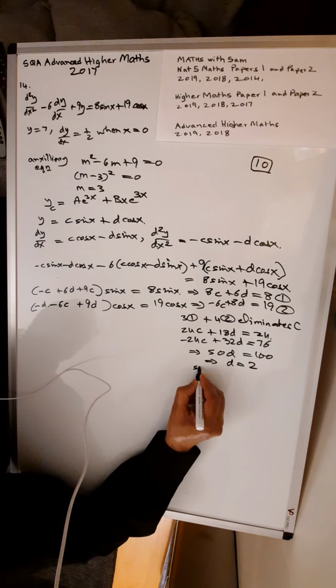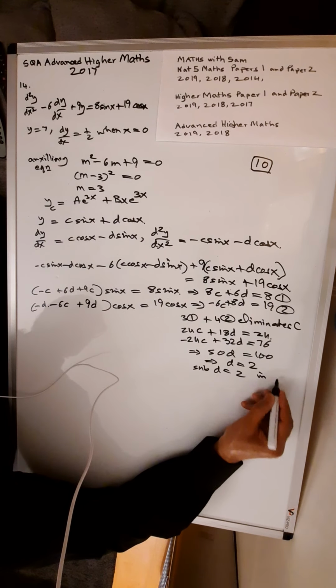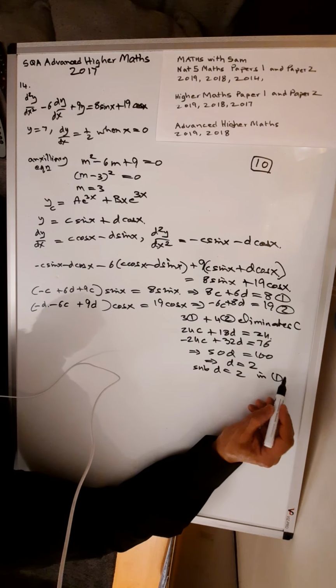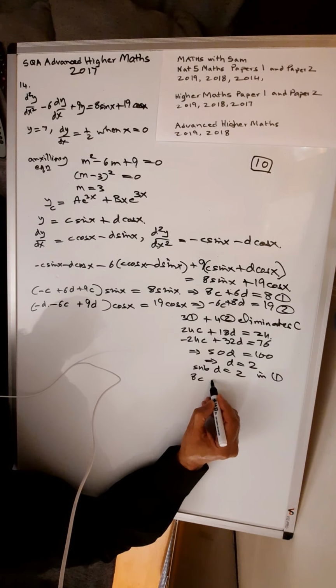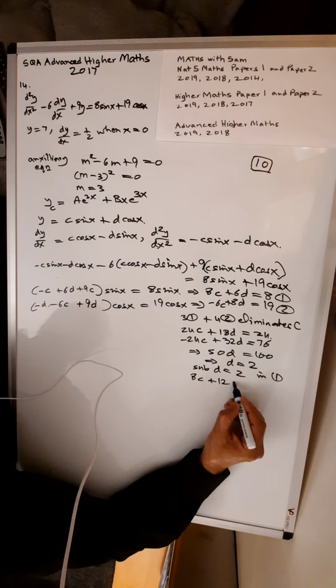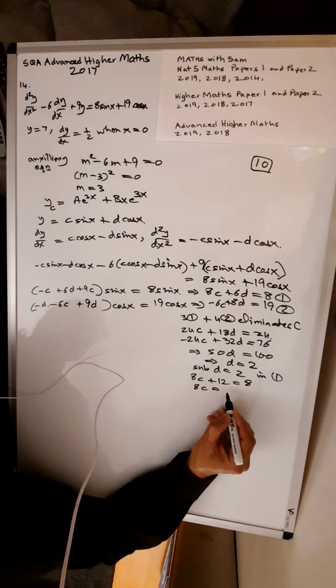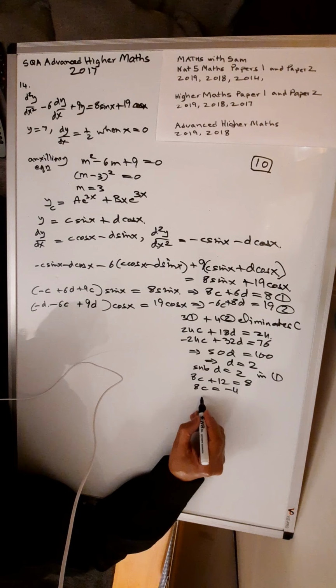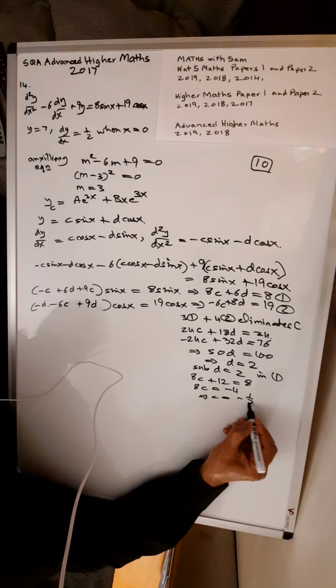So sub d equals 2 in equation 1, say. So 8c plus 12 is equal to 8, which means that 8c is minus 4, which means that c is minus a half.